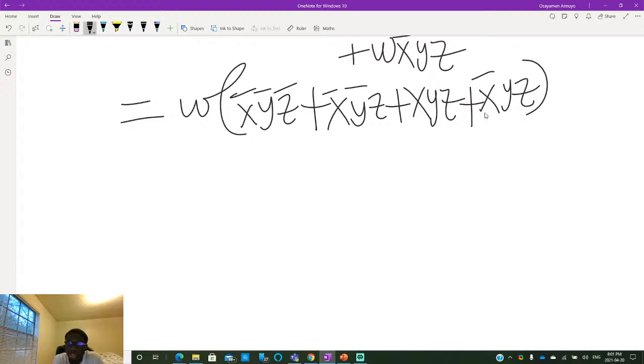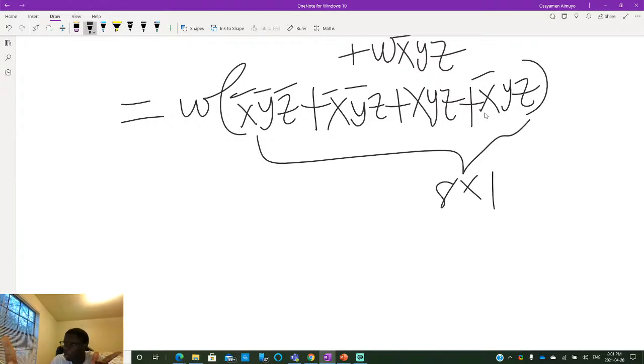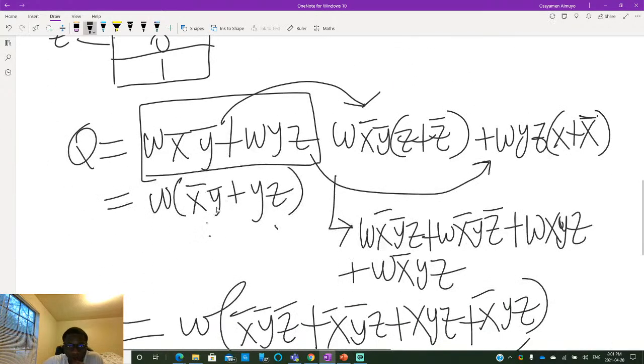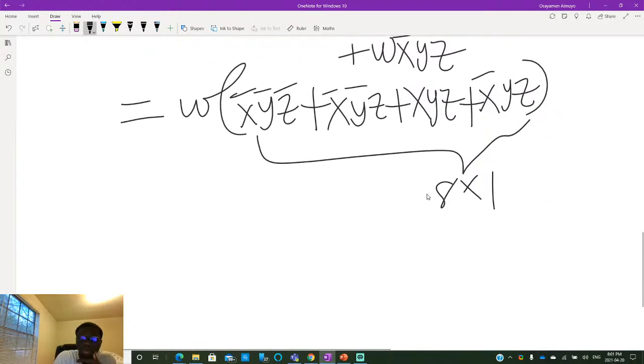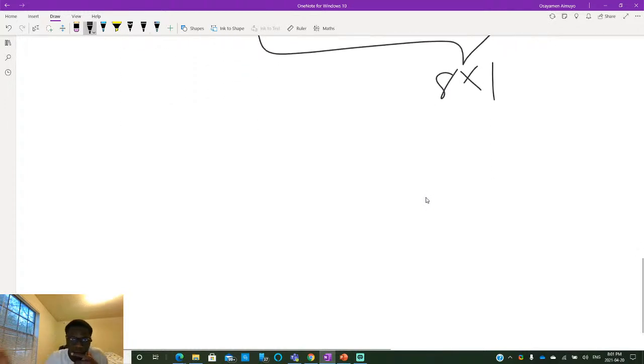So all of this can be done by one 8x1 ROM, which is very nice. So we've basically gone from having 12 bits here to 8 bits. Awesome. Okay, so let's implement that function.